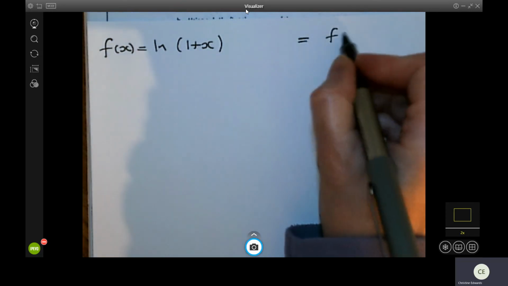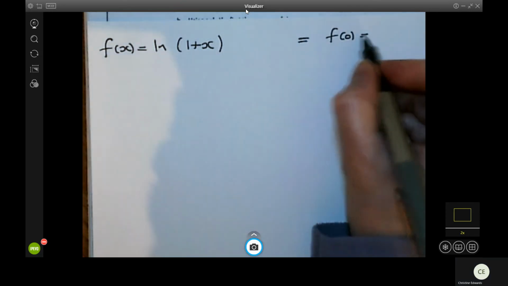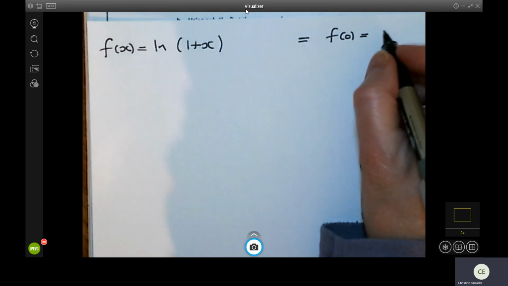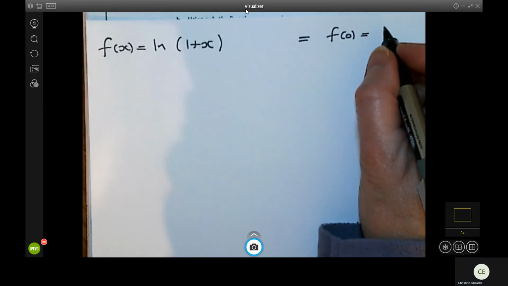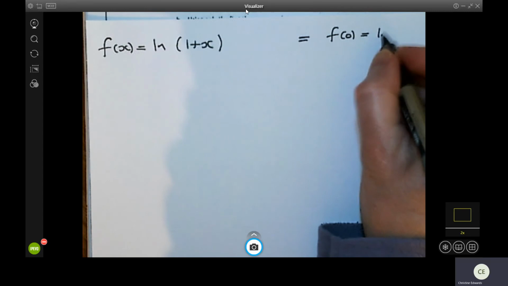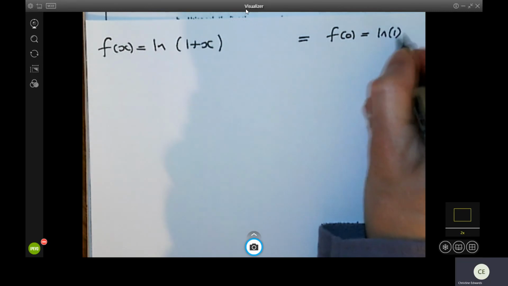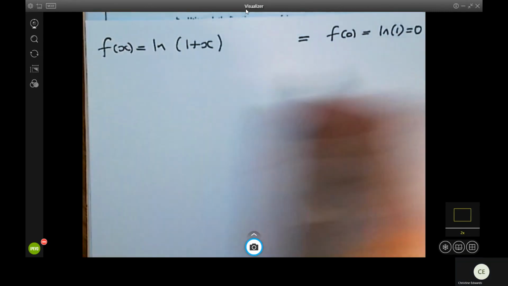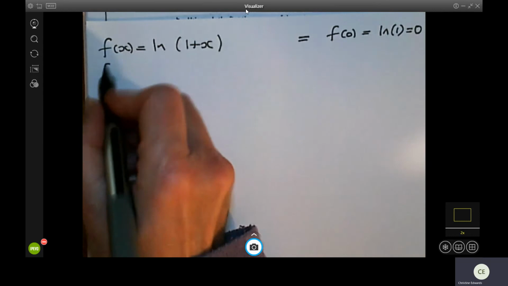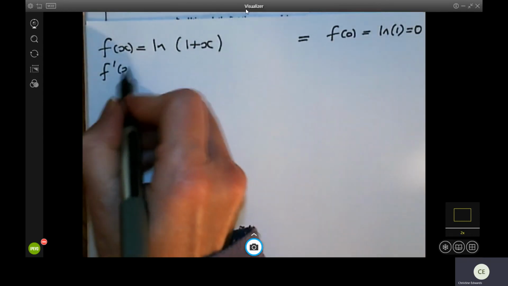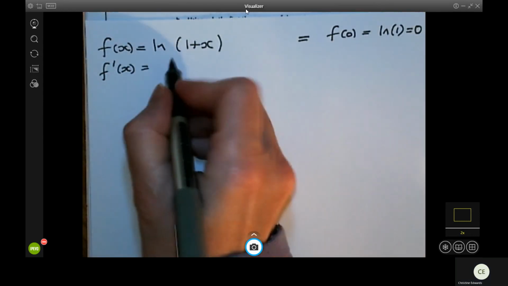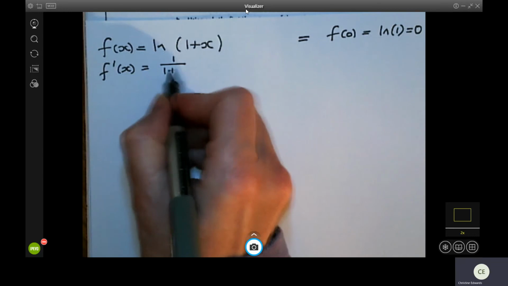So we've got f of 0, which in this case is the log of 1, which is 0. So first derivative is 1 over 1 plus x.